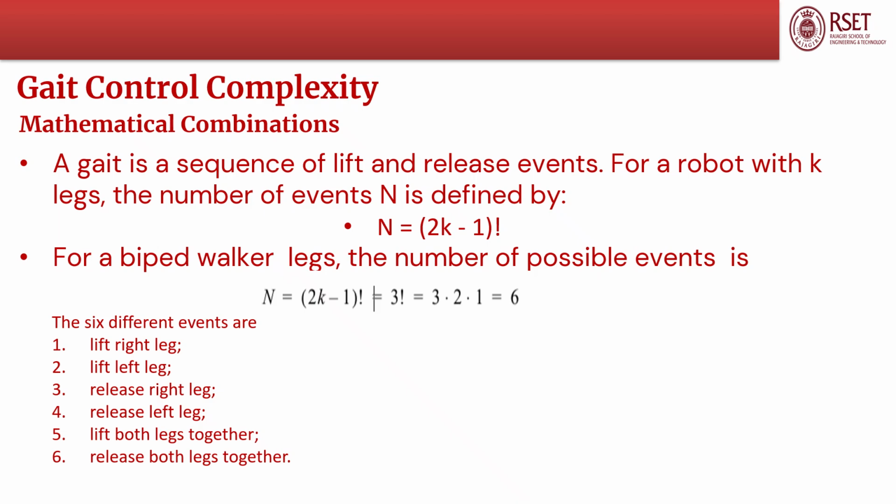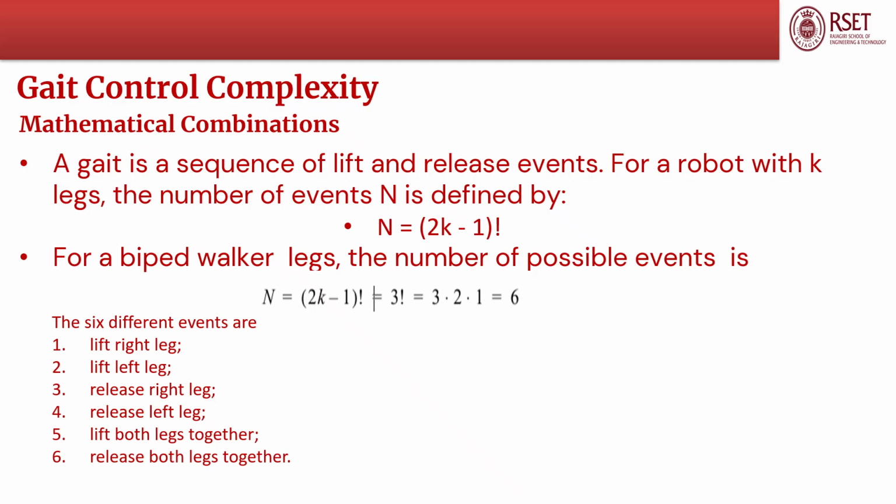Again, repeating the term gait. A gait is a sequence of lift and release events. For a robot with k legs, the number of events n is defined by n = (2k - 1)!. For example, if we have a biped walker, that is one having two legs, the number of possible events is n = (2k - 1)!, which is equal to 6 possible events.